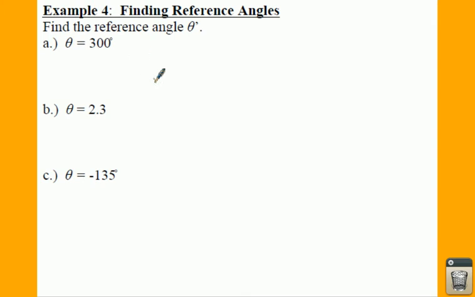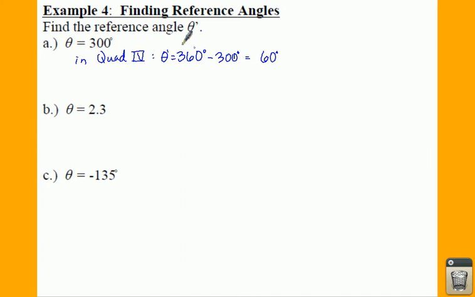So let's look at example 4 here, where you have to actually find reference angles. In this case, we're going to look at 300 degrees. So for 300 degrees, you are in quadrant 4. Since we are in quadrant 4, you're going to take your theta prime, is what we call that, is 360 minus 300 degrees, which gives you 60 degrees.